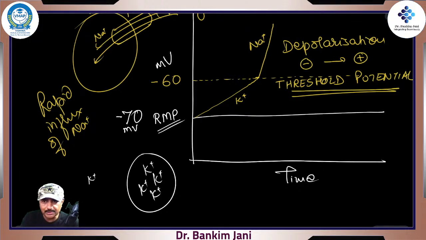Resting membrane potential was that point when there is a balance. So what would happen inside the cell, because now outside is having less potassium? Will this cell become more electronegative, or will it become more electropositive from that point as compared to normal?